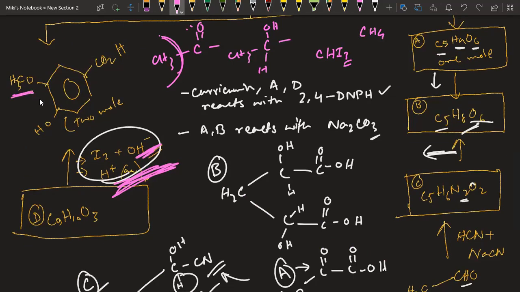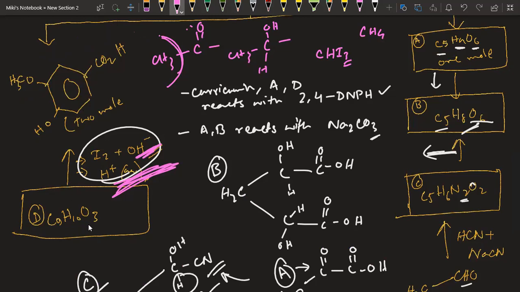Is this one? No. We could say this is a ketone, oh no, this is not a ketone, this is an ether. This is this group C, and we have this H3, and then this oxygen bonded with the benzene carbon. So this is the ether group, not the group we are looking for.